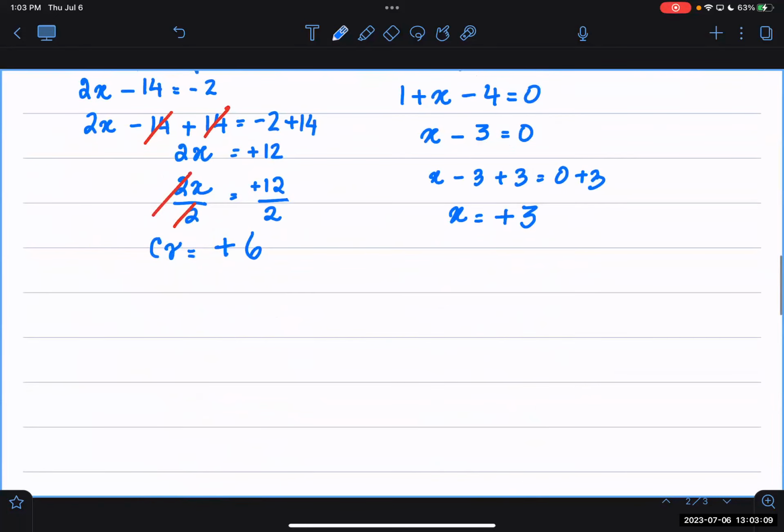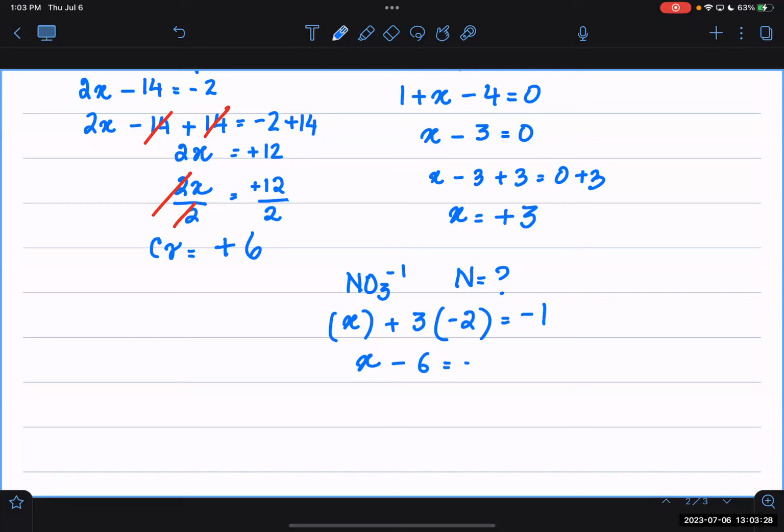Let's get for this one. NO3 minus 1. Here again for nitrogen, X for nitrogen plus 3 times minus 2 is equal to minus 1. X, 3 twos are 6, minus 6 is equal to minus 1. X minus 6 plus 6 is equal to minus 1 plus 6.